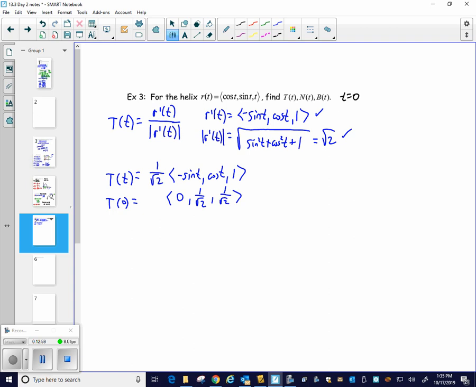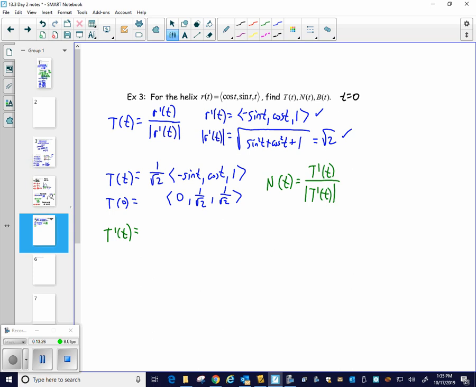All right, we need to be able to find the normal vector, the unit normal vector. The unit normal vector is defined to be the derivative of the unit tangent vector divided by its magnitude. So I need T prime of t.